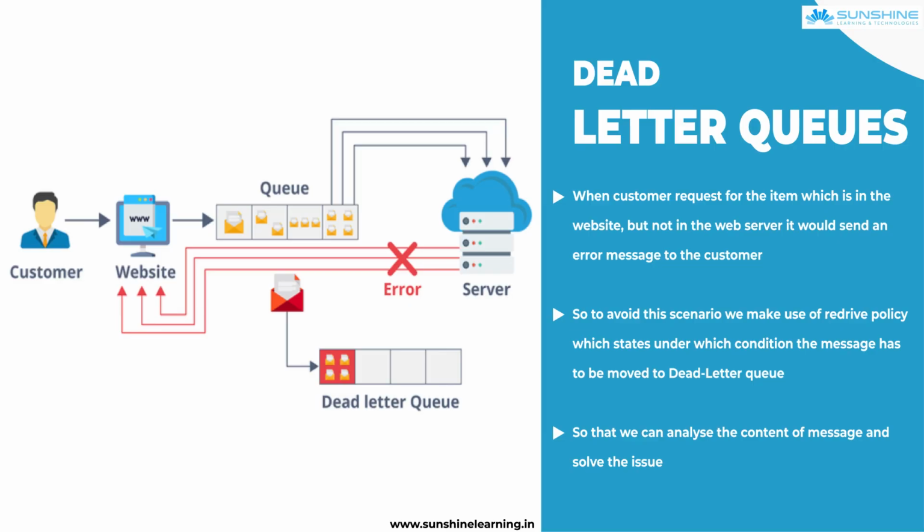Now when a customer adds a product to the cart and goes for a purchase, at that time an error message is thrown that we are sold out or the product is not available. So in that condition, what happens?